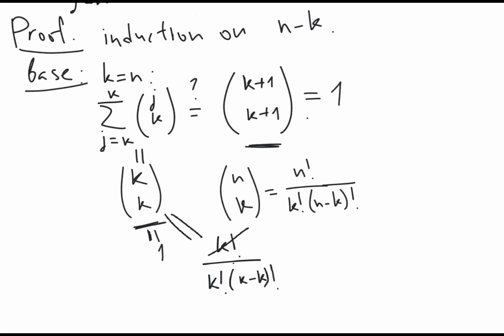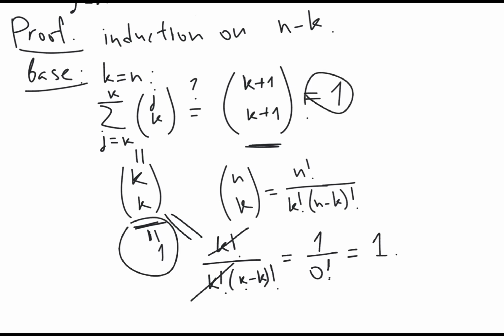So k factorial and k factorial cancel each other, and k minus k is 0, so this is equal to 1 over 0 factorial, and 0 factorial is 1, so this is equal to 1. Because both of them are equal to 1, this equality holds, and we can remove the question mark. So the base case is proven.